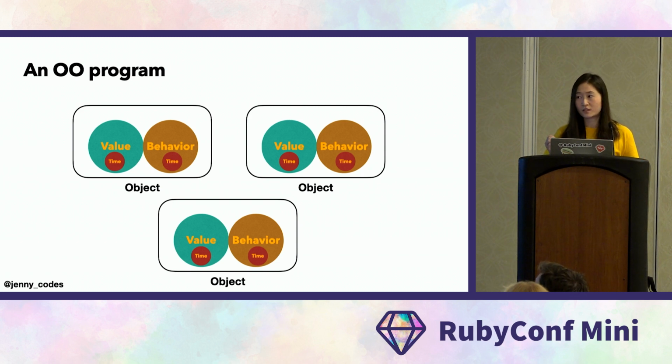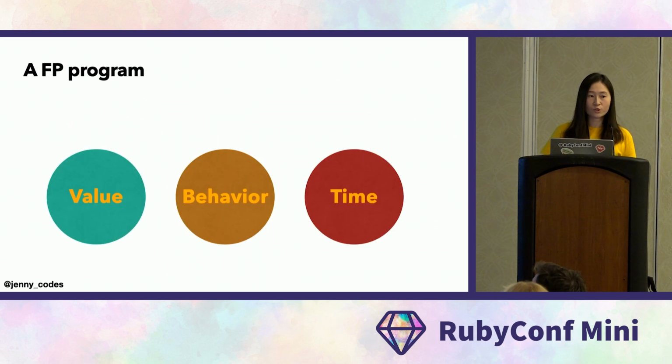So that's object-oriented. As for functional programming, for each element, there's a distinct concept associated with it. And our agenda today is to talk about each element and look at them one by one.